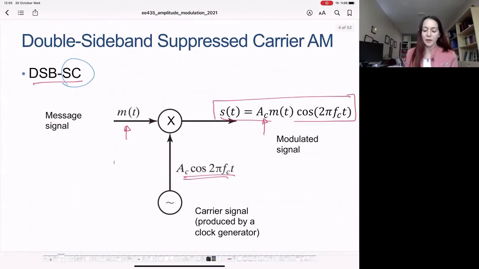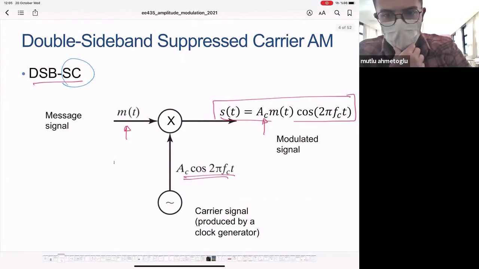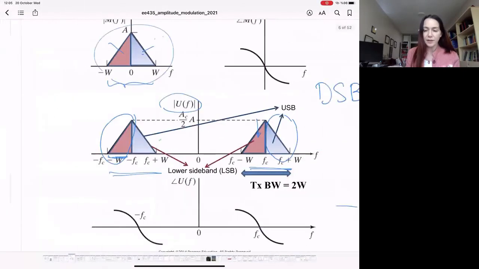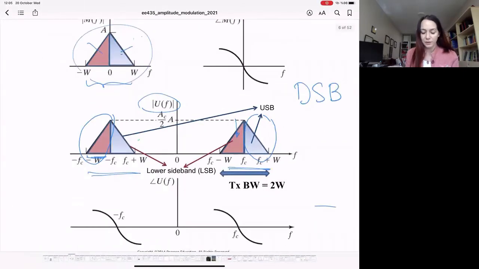Exactly. You will see today that in conventional amplitude modulation, we also transmit the carrier, which helps in demodulation. But in double sideband suppressed carrier, we're not sending the carrier together with the signal. The carrier is used only for modulation.